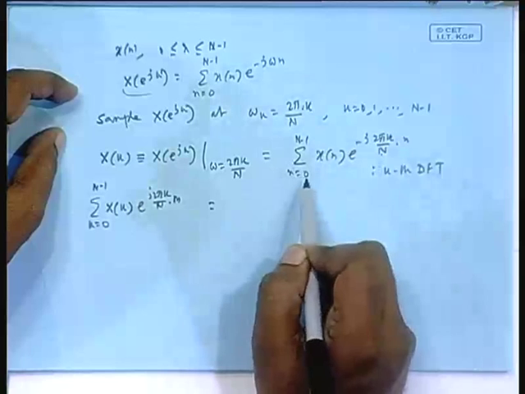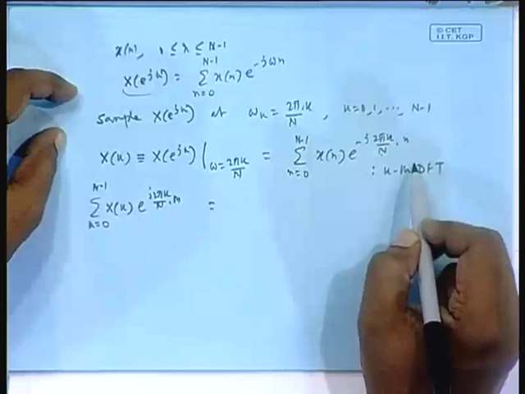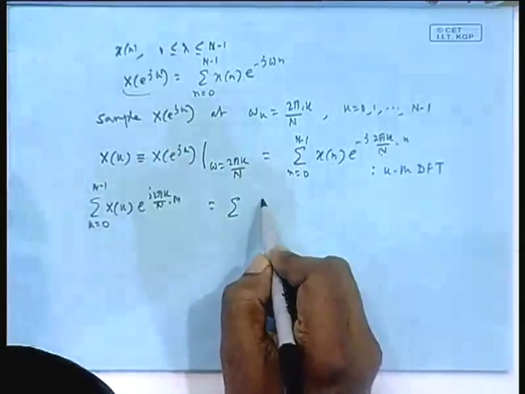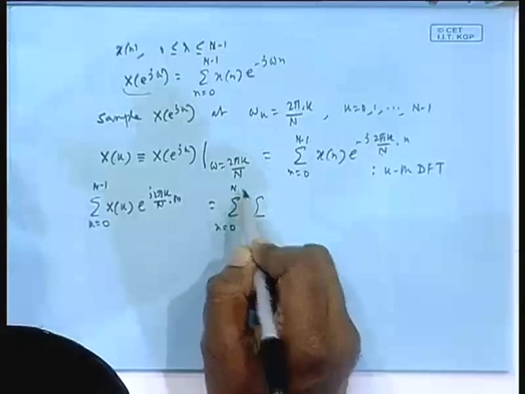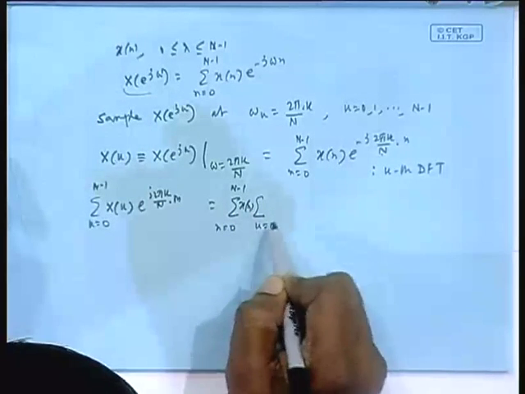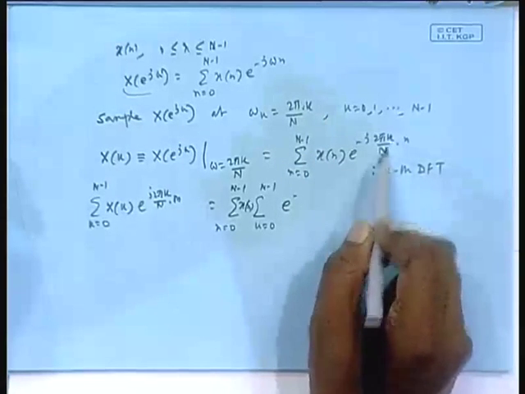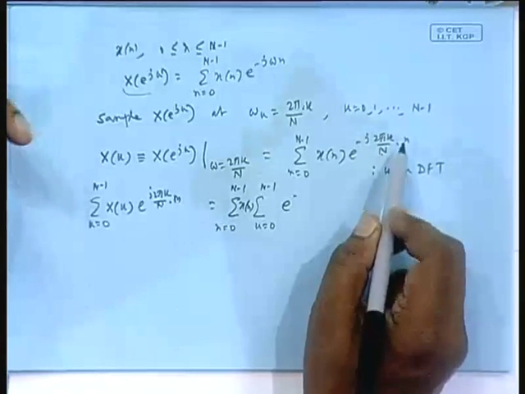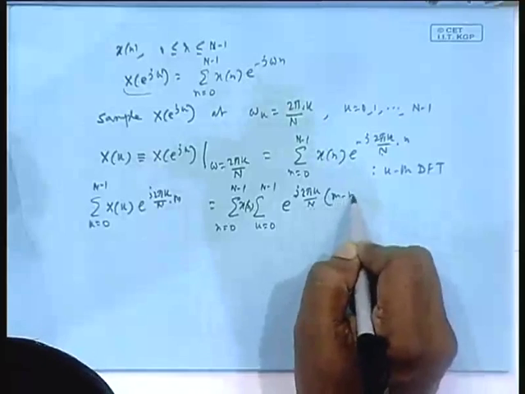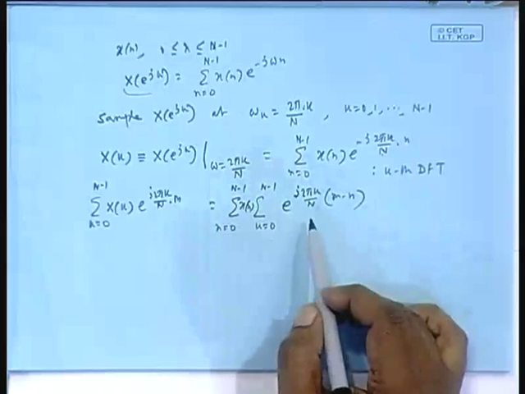Here also you will have a double summation then. You multiply this by e to the power j 2 pi k m by N and then sum over k. The double summation I will interchange, a very obvious step always. x[n] is dependent on n only, so it comes outside, and e to the power minus this is already there, and e to the power plus the same thing with m. Look at this summation.